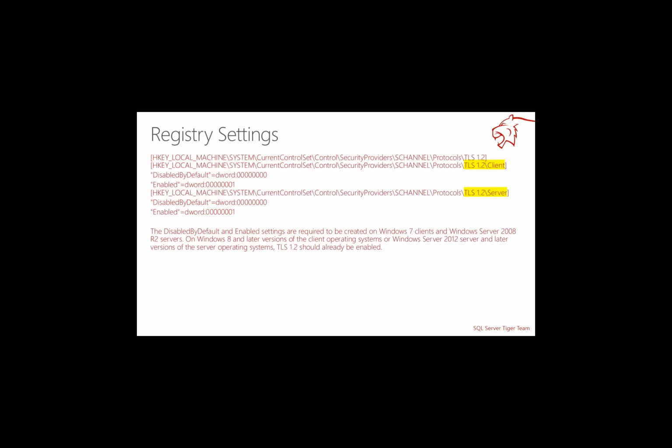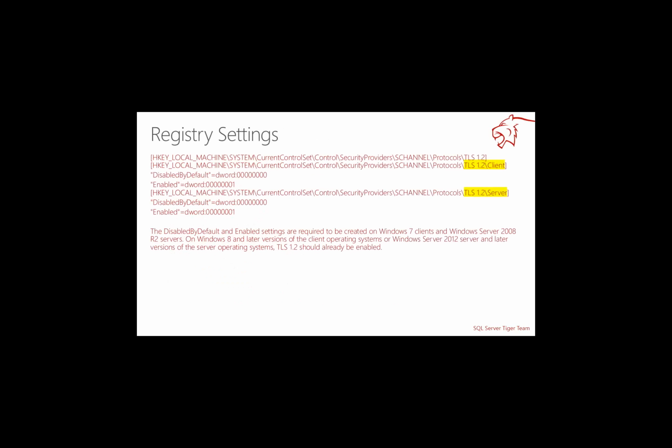The server will then reply whether it supports that particular protocol or not. Until a common protocol is reached, the negotiation keeps happening. It starts with the highest level available and goes down to the lowest level possible. If it does not find any common protocol between the client and the server, then the communication reports an error saying the connection failed.